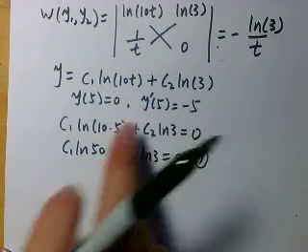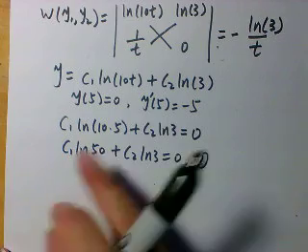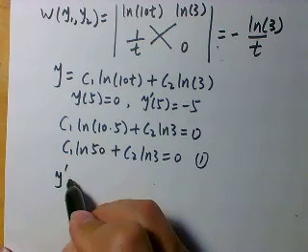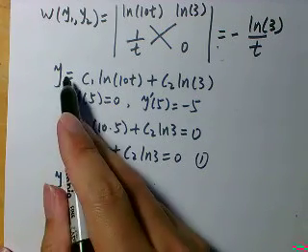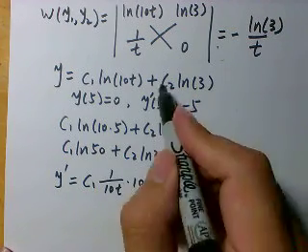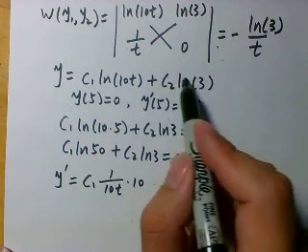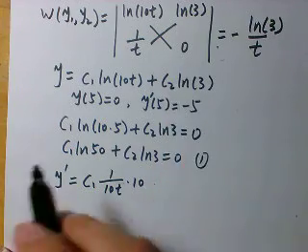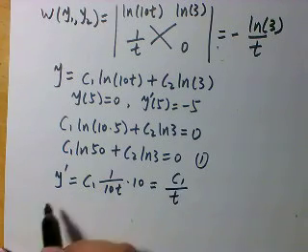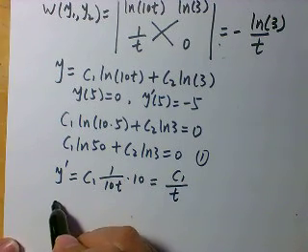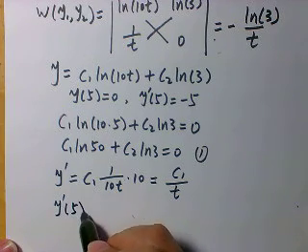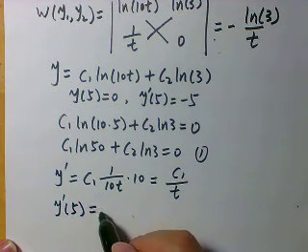Now for the second initial condition, we know that is a derivative. So we're going to take the derivative first. The derivative of y gives c1 times 1 over t times 10, and the derivative of the second term is 0, because there's no t there, right? Of course we plug in the initial condition: t equals 5, derivative value equals -5.